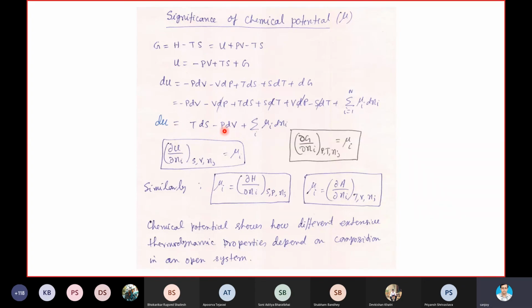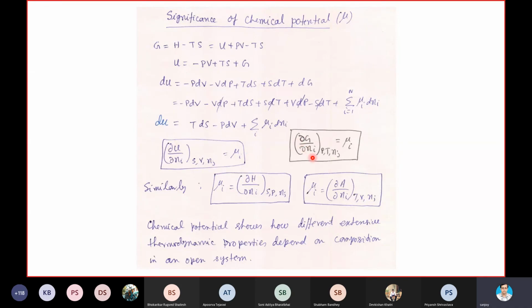Now from here I can define mu again. How? Rate of change of internal energy with respect to composition at constant entropy and volume. If I take constant entropy and constant volume, then these two terms become 0, and dU becomes actually mu_i dn_i. So under what condition? Del U del n_i at constant S, V and n_j, that is mu_i.